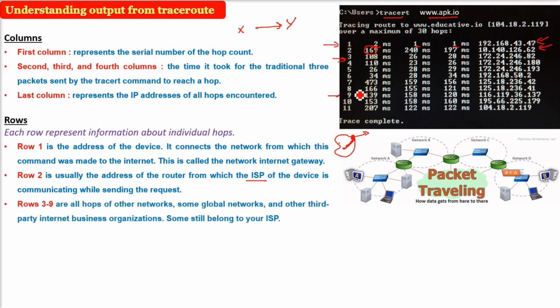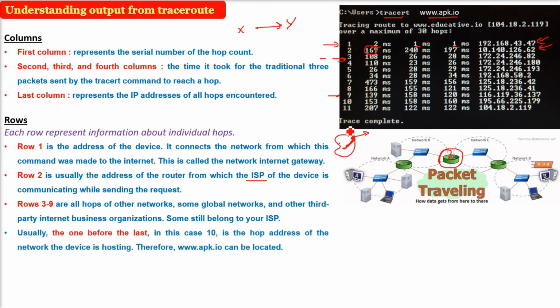Rows 3 to 9 in this case are all the routers, all the hops of other networks. There can be some global networks, there can be some third-party internet business organizations. Some may still be in your ISP. Okay. So these 3 to 9 are all the intermediary hops or the routers that you have pinged. Usually the last but one, or the penultimate, in this case 10, is the hop address of the network the device is hosting.